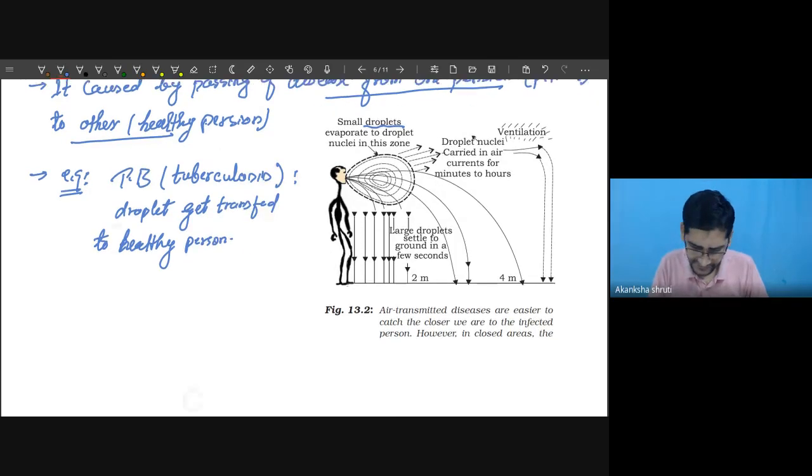Another, the typhoid fever, or the typhoid itself. The third one, hepatitis and jaundice, which is quite common.